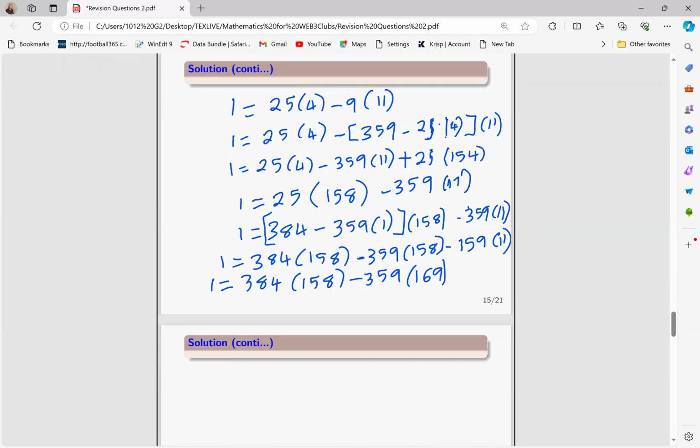Which one is this? We've already calculated them. Which ones are left terms? This is 359. Oh, it's not only 59.